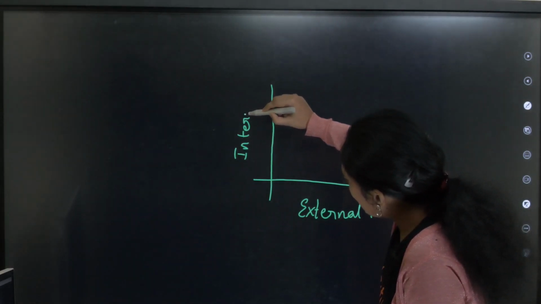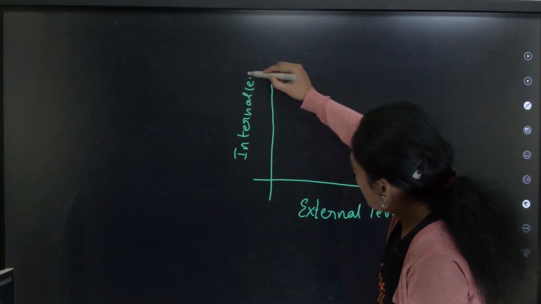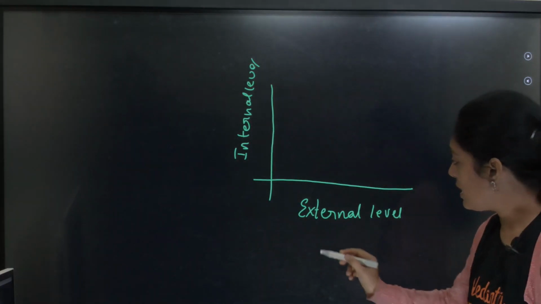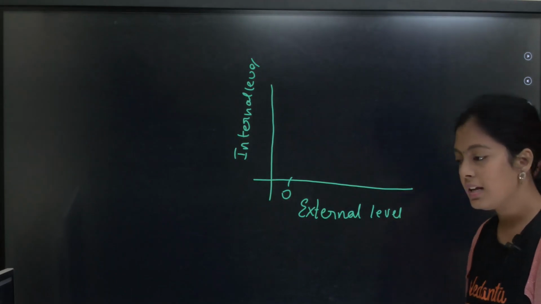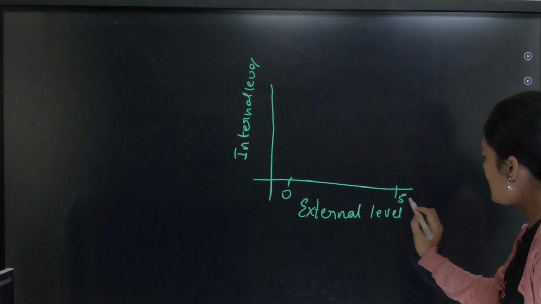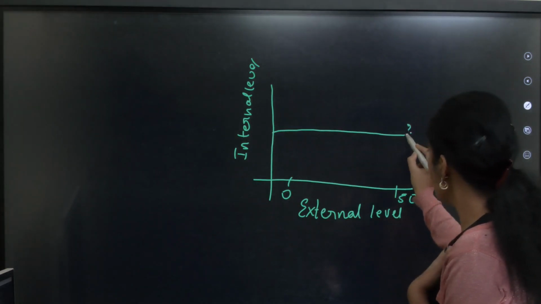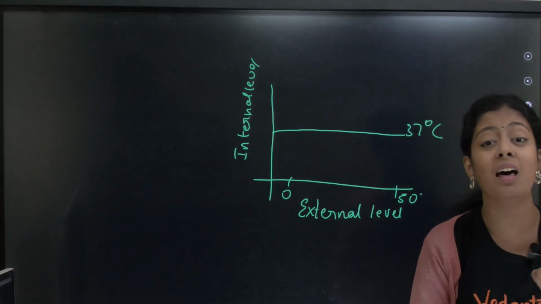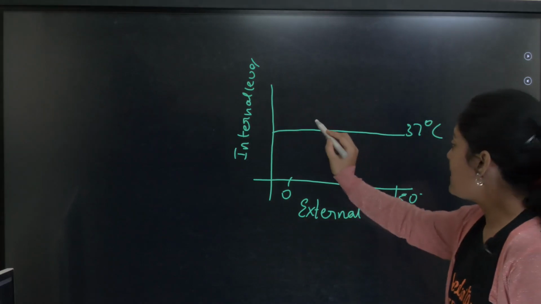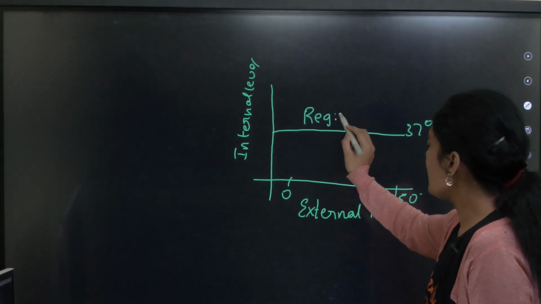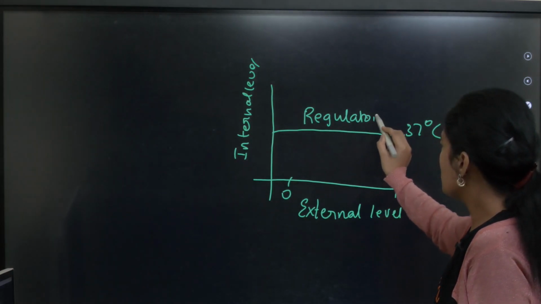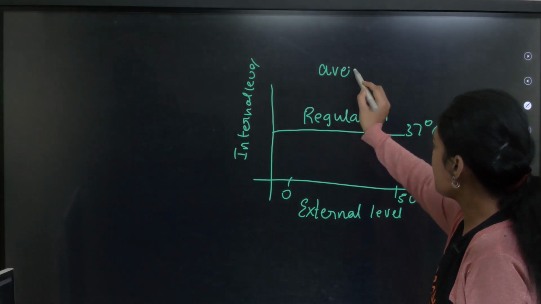Okay, so let me take an example of temperature. Here, whether the temperature is 0 degree or 50 degree, in us human beings the temperature will always be 37 degree Celsius. Okay, that is what we call regulators. Example, aves and mammals.